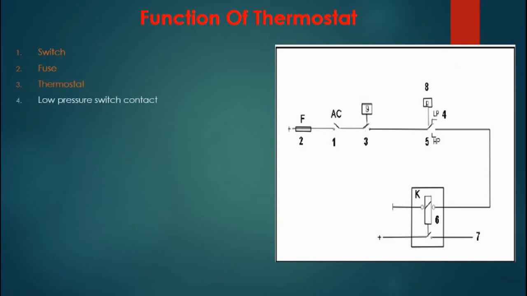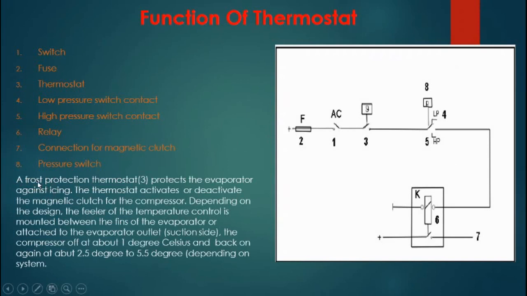Number 4 is a low pressure switch contact. Number 5 is the high pressure switch contact, number 6 is a relay, and number 7 is a connection for the magnetic clutch. Through this we connect our compressor. Number 8 is a pressure switch, which we talk about in the next slide.